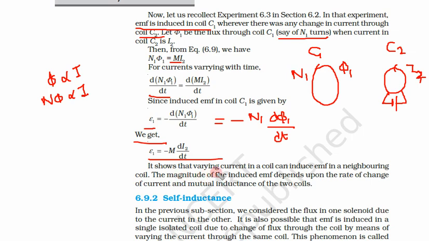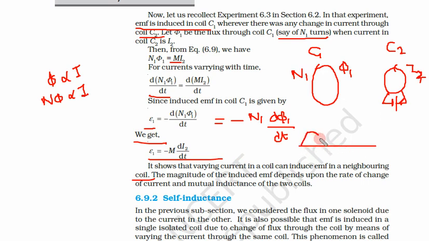Now it shows that varying current in a coil can produce EMF in a neighboring coil. So experiment 6.3 that we have learned, when we were switching this key on or off, there was some current produced in this coil C1. So what was the reason behind that? That reason we have learned here, that when the current is changing with time. How are we changing the current with time?